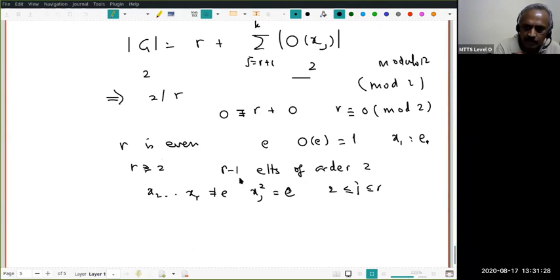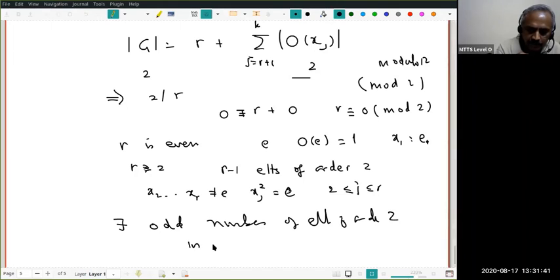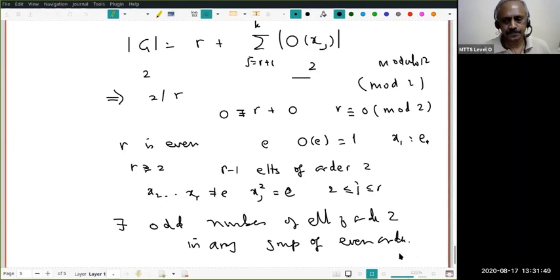Therefore, there are r minus 1 elements of order 2. Since r is even, what you have shown is that there exists an odd number of elements of order 2 in any group of even order. Do you understand the proof? Okay, pause, review, and then proceed.